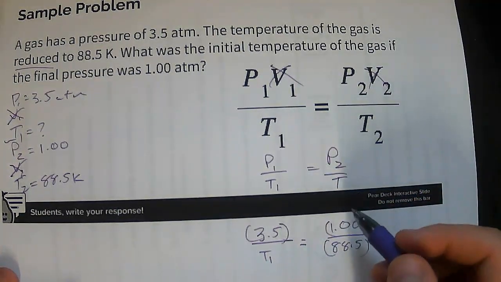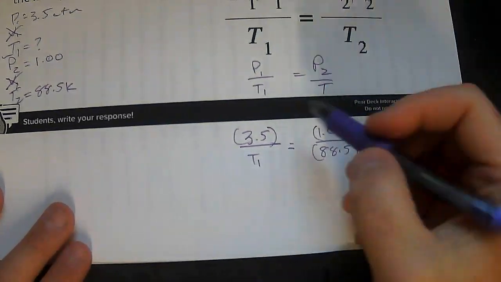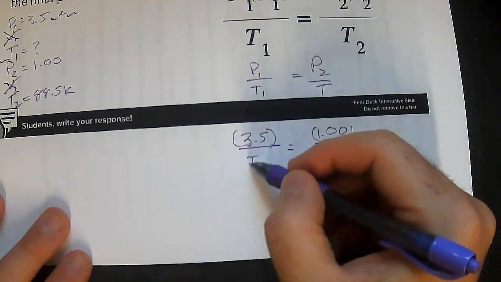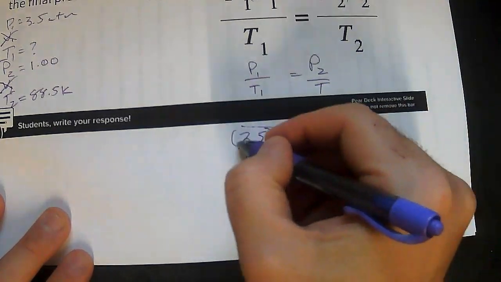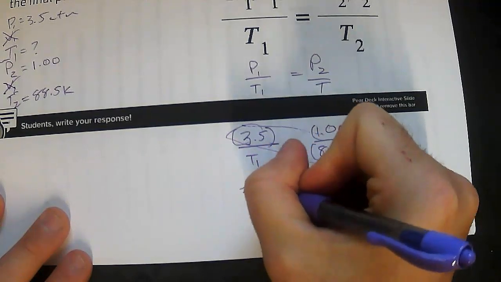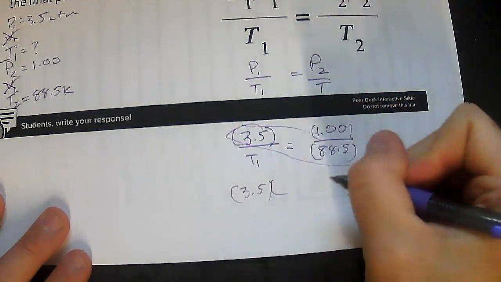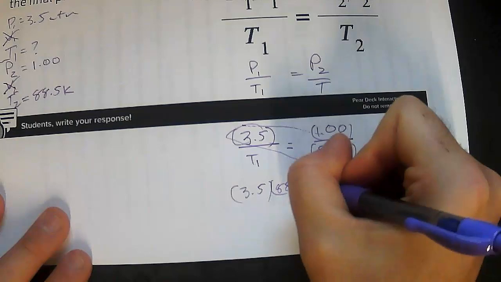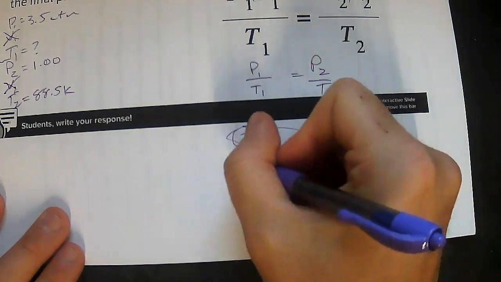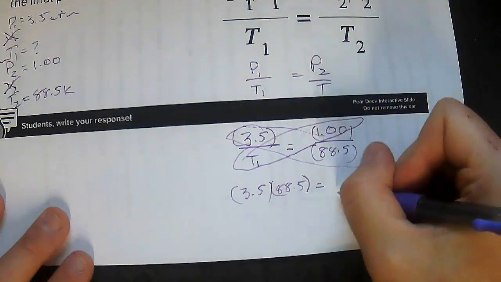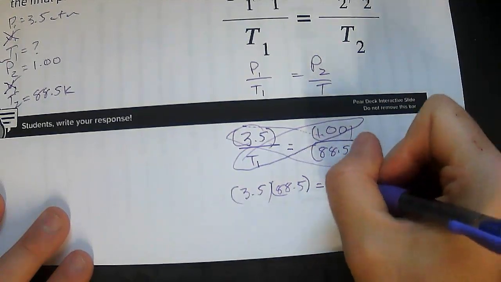And now, because it looks like this, we're going to cross multiply. So I'm going to take these two. I'm going to do 3.5 times 88.5 equals, and then I'm going to cross multiply this, T1, 1.00.